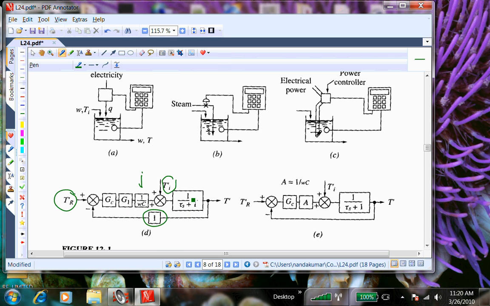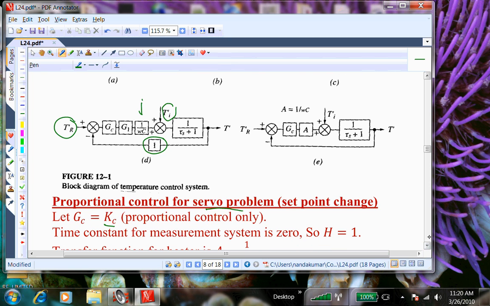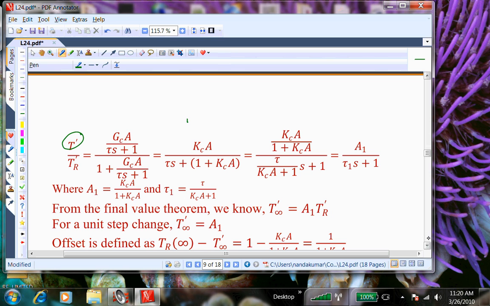And this is the process transfer function, 1 over tau S plus 1. Okay. So using that idea of collapsing it, you're going to get an effective transfer function simply as Kc times A divided by tau S plus 1 plus Kc A. Okay. Now, the reason that we do not leave it like this, but write it like 1 here, is what? Why do I rewrite it by dividing everything by 1 plus Kc A?